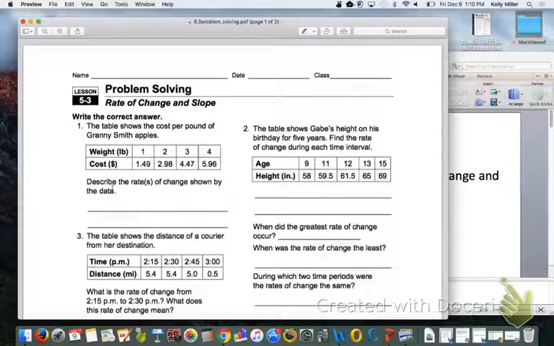When did the greatest rate of change occur? 12 to 13, right? It's 3.5. That's the rate of change? No, these are all your rates of change because they're different. So this would be your answer for that. For that part, yeah. And then when did the greatest rate of change occur? 12 to 13.